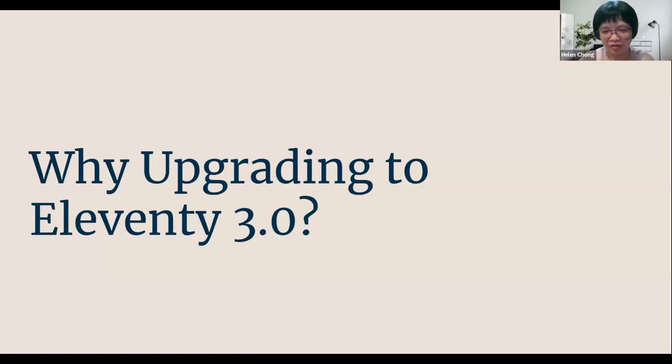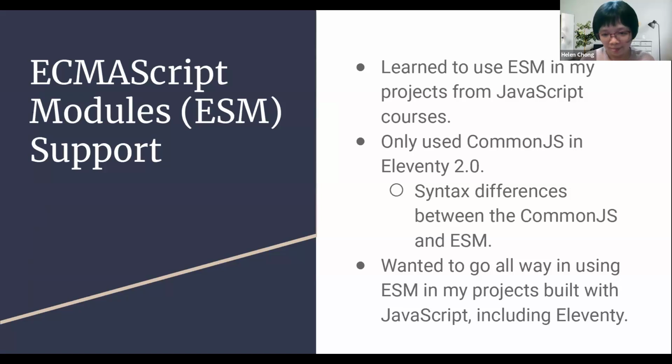Why did I decide to upgrade Eleventy to 3.0 before its stable release? The first thing that made me consider upgrading is 3.0's support for ECMAScript modules, or ESM in short. Since I began to learn web development more seriously in December 2022, I've been using ESM in my JavaScript projects, due to ESM being what was taught in the JavaScript courses I took.